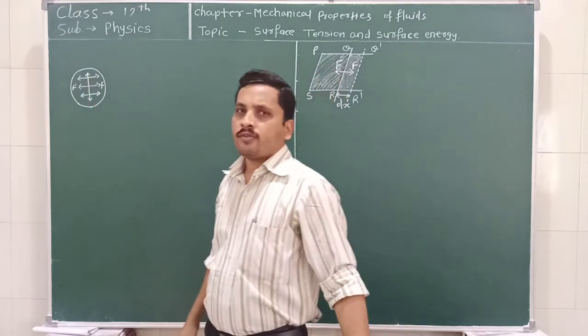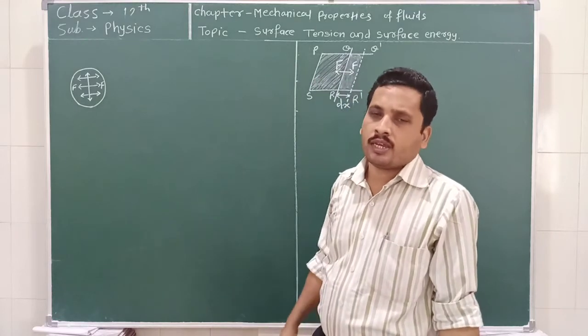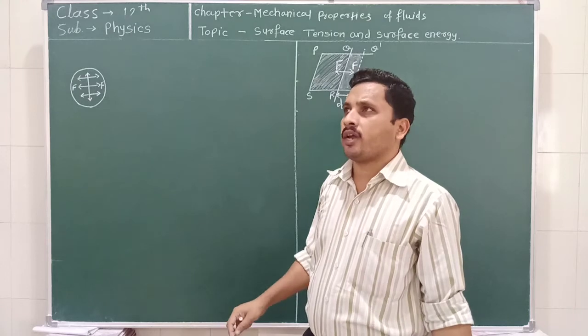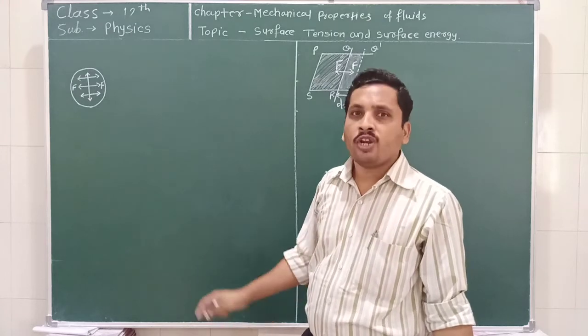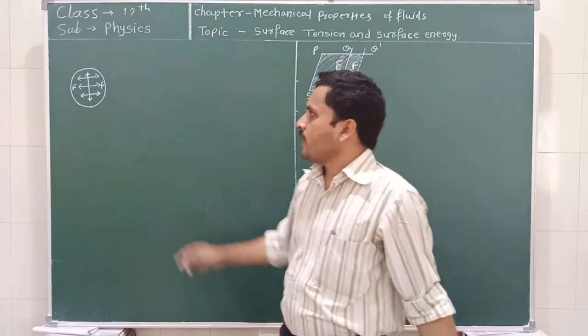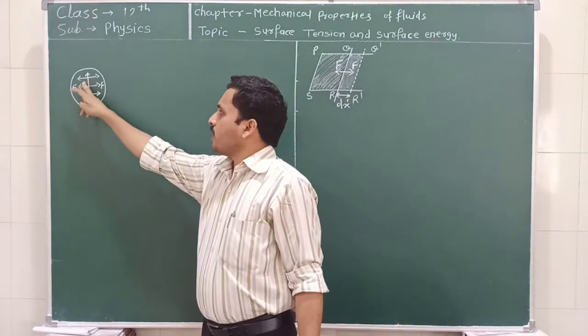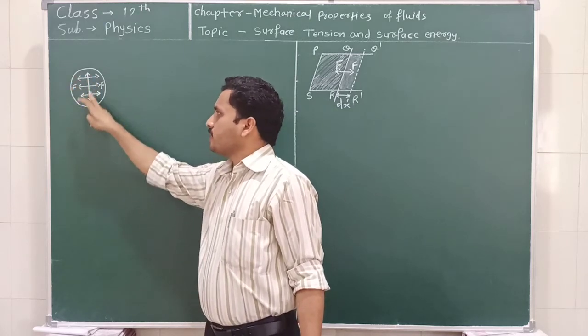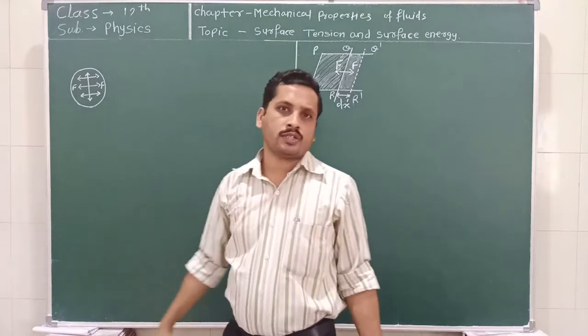We have seen in the molecular theory that the molecules on the free surface always try to go inside the liquid due to the attractive forces. Now, in this case, forces are acting on this imaginary line in all directions.